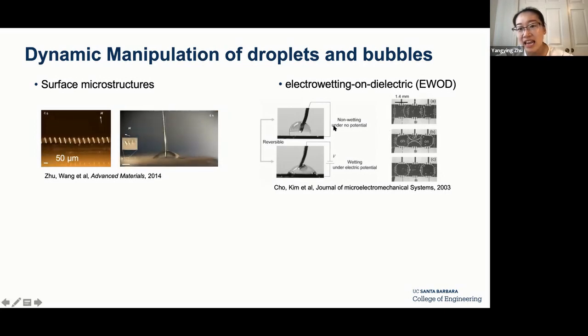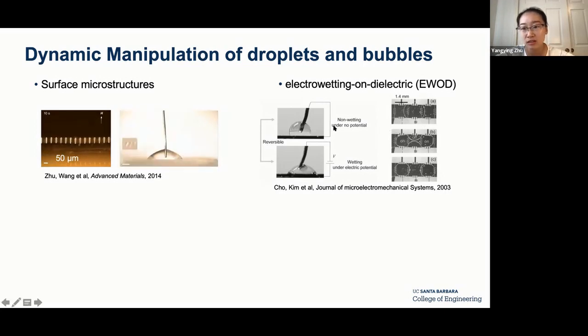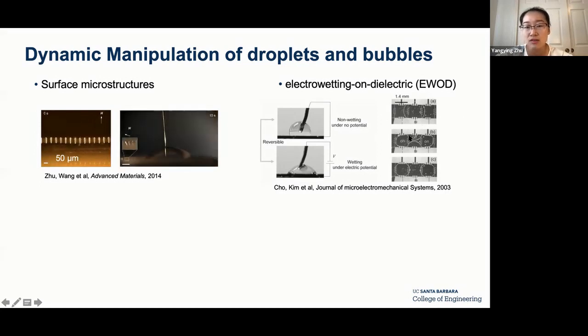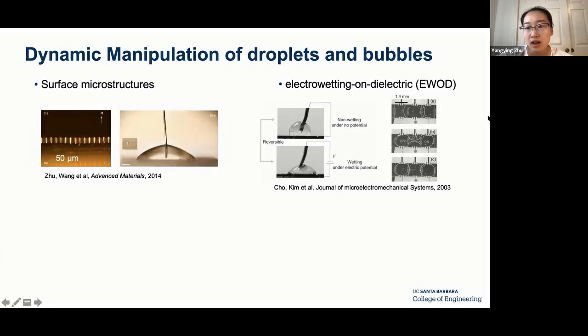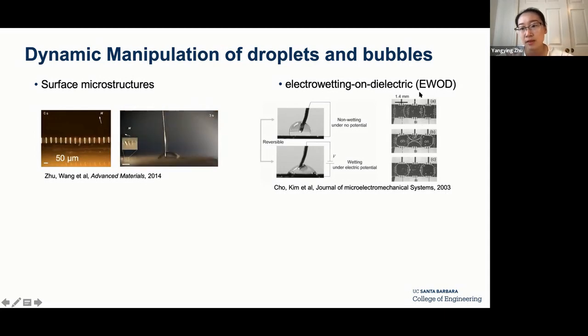And this has been really handy to transport droplets on the surface. You can also do what's called digital microfluidics, where you have an array of electrodes. So you could do simple things like merging two droplets and splitting droplets. So in this case, this is a droplet, you're splitting it.